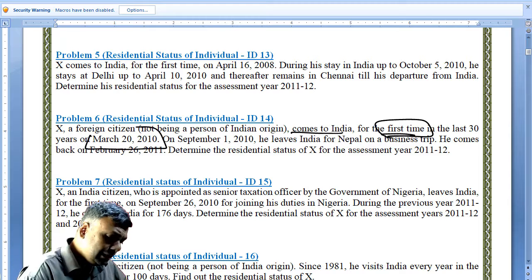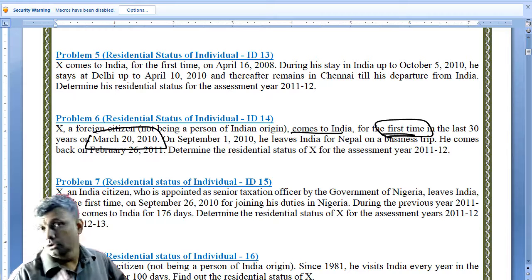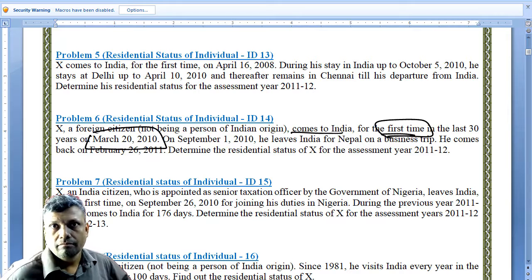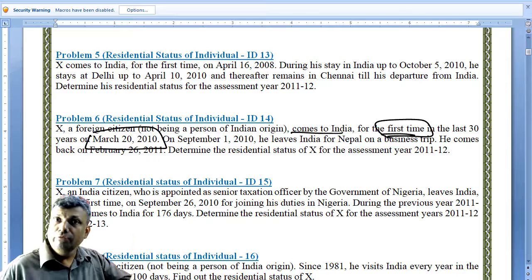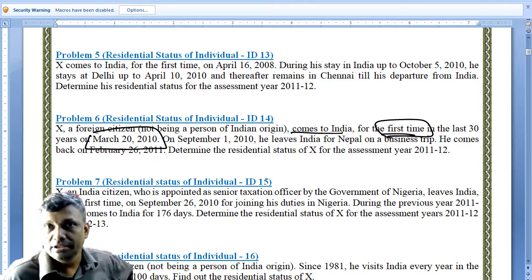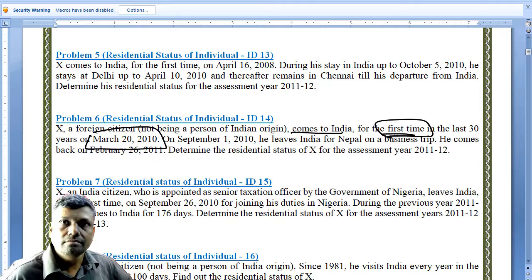This is March 20 of 2010. So you have to calculate number of days stay with respect to previous year. So you have to have a cutoff at the year end. Okay, so March 20 to March 31st, that many number of days stay will go in the first previous year. And then from 1st April, your next previous year starts. So that mistake you should not make.